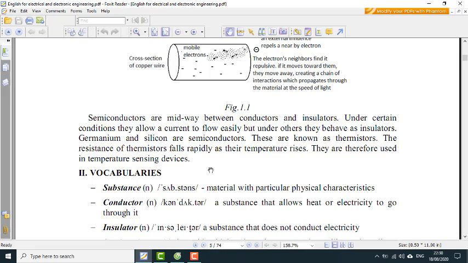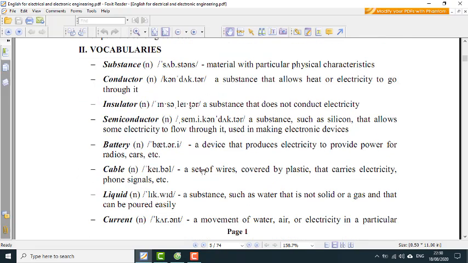Part 2. Vocabularies. Substance. Substance means material with particular physical characteristics. Conductor. Conductors mean a substance that allows heat or electricity to go through it.